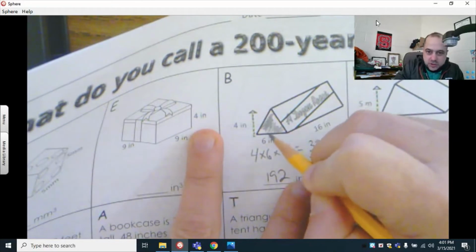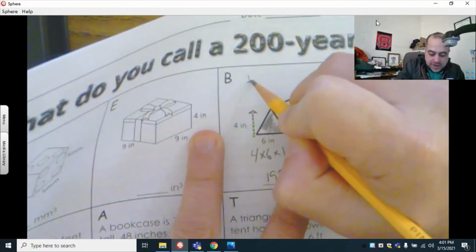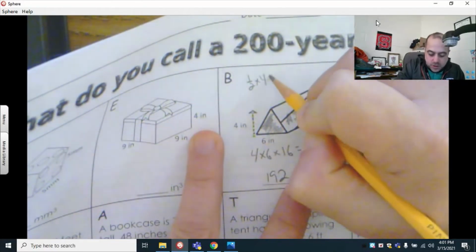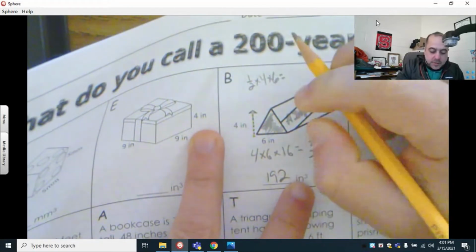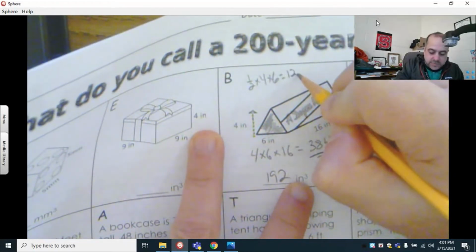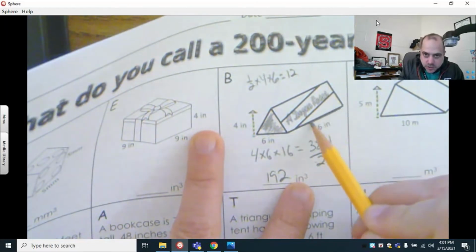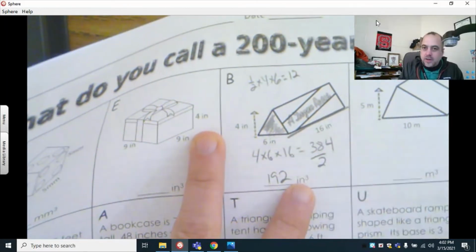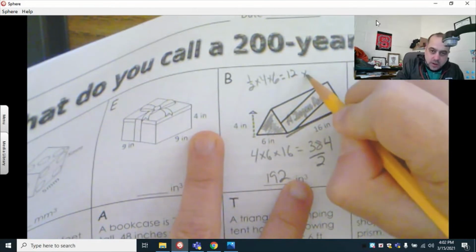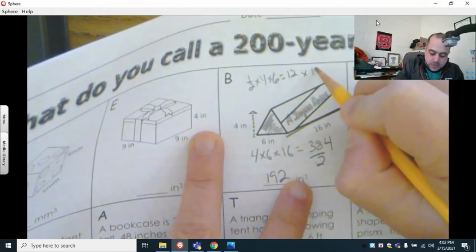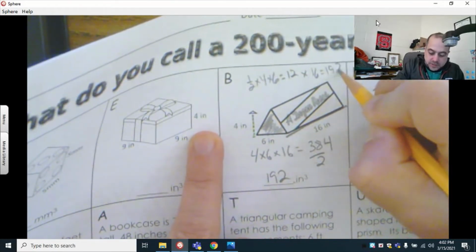So let's just do this little triangle. 1/2 times 4 times 6, and that equals 12. And once you get the area of this, then you're just going to times it by how long this is right here. By how long that is. And 12 times 16 is also 192.